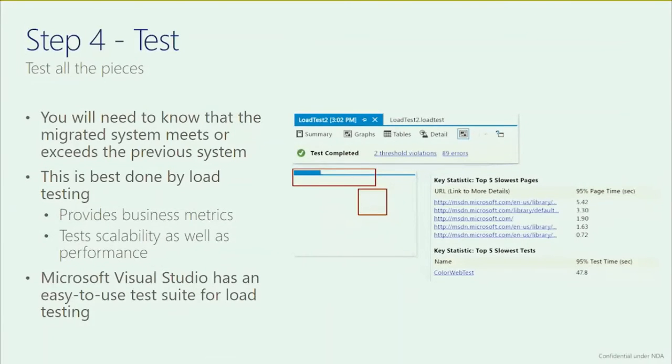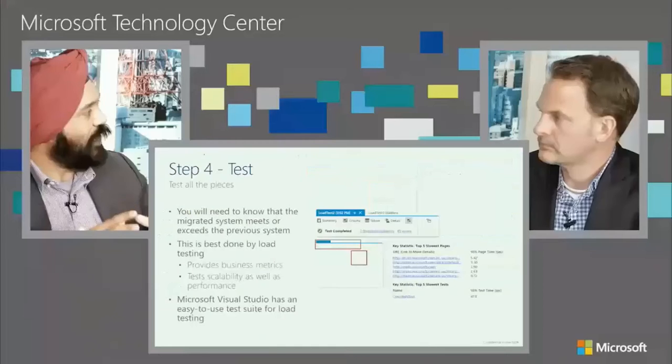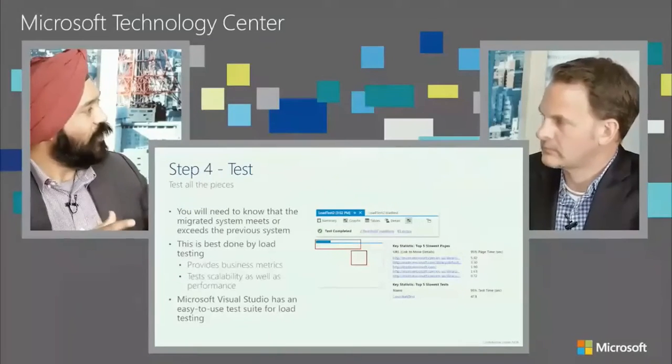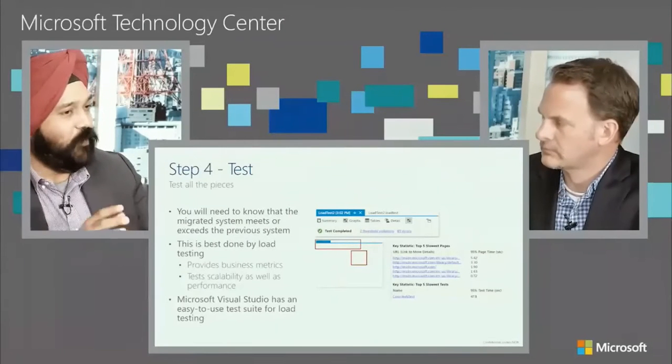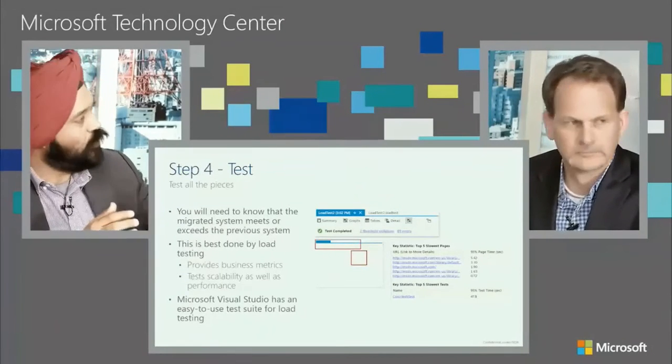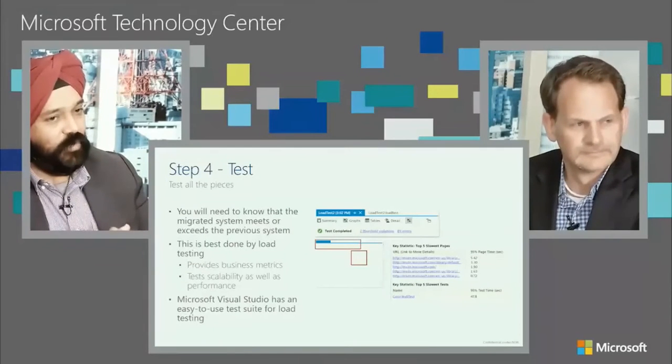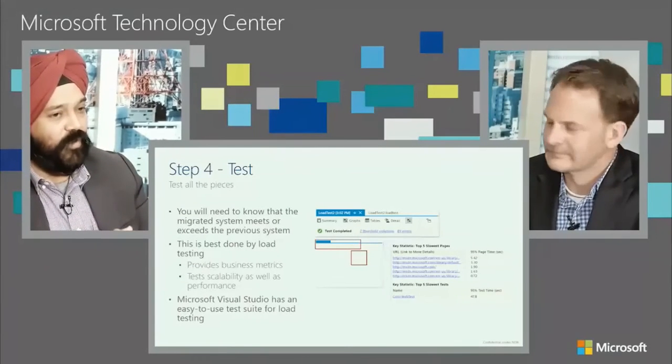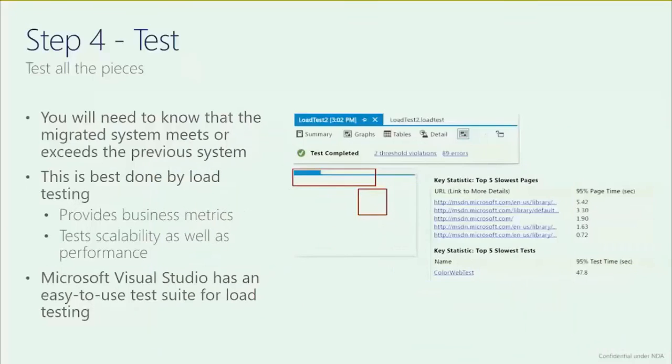As I said earlier, a lot of things can go wrong if you don't have a robust testing and validation plan. So in every step of the migration, you want to bring in that piece and make sure you have proper planning and the tools. In this step, you're making sure that all of the tests that need to be done, from performance and scalability to user acceptance, are done correctly.